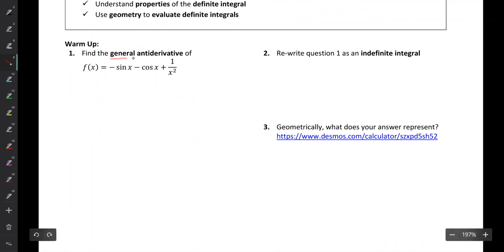Find the general antiderivative of this function. So I'm asking myself, the derivative of what function is f? Before I jump into that, I see that f is composed of one function of x, minus another function of x, plus a third function of x.